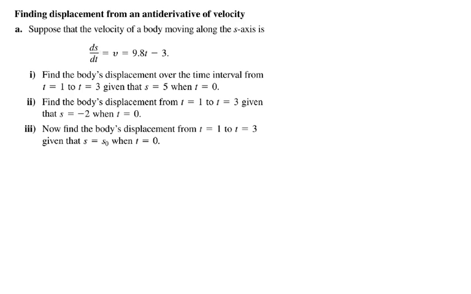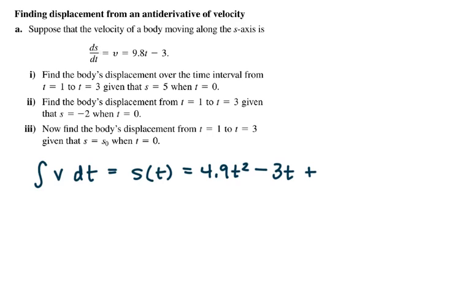So I've moved to the next page, and we're going to continue this problem doing part 3. So we already did the antiderivative of v, right? The antiderivative of our velocity function with respect to t gave us our position function, which we said was 4.9t squared minus 3t plus c.